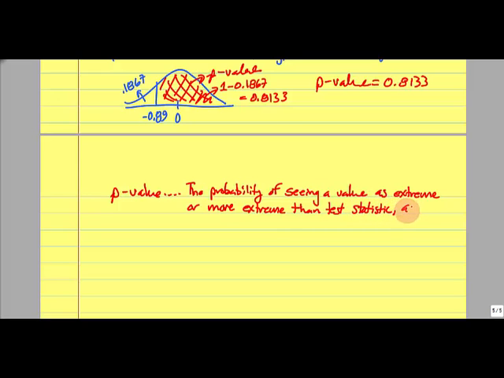And this is the important part, assuming H0 is true. So if I'm assuming H0 is true, the probability of seeing an extreme value we would think would be very, very small. So small p-values provide evidence against H0. Higher p-values provide evidence for H0.